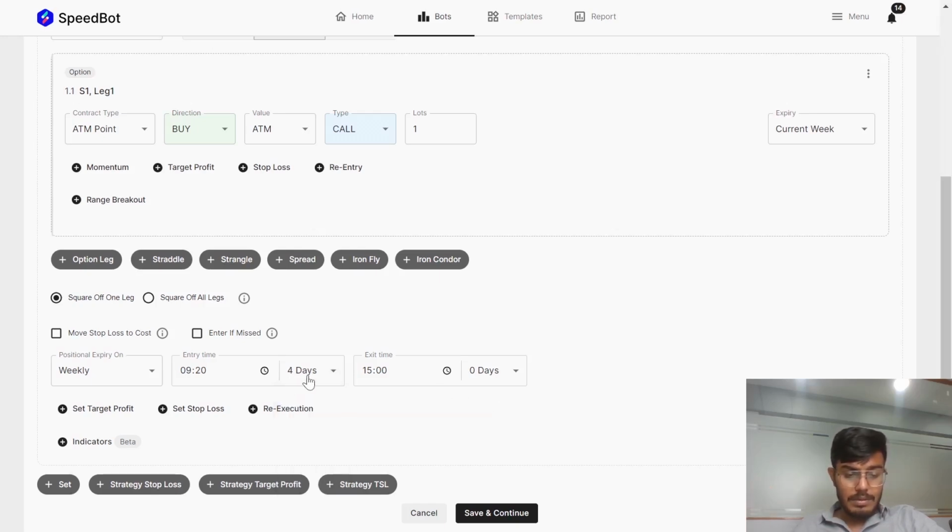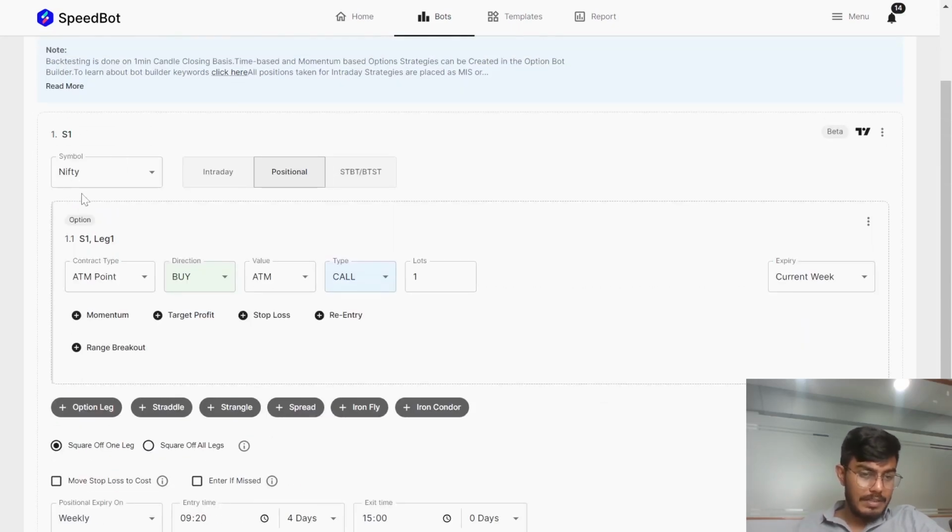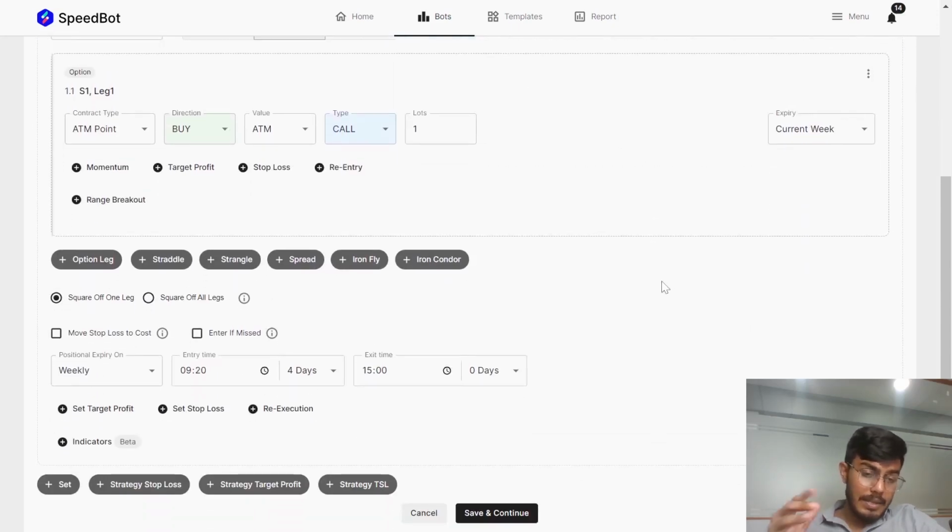So I'll just click on the 4 days, and I wish to exit the position on the Thursday itself. In that case, I'll just select these options. So 0 days means that on the day of the expiry, that is on Thursday, for the Nifty symbol, right? So that's how I'll be able to create a positional options bot. So Rajesh, I hope this makes sense to you.